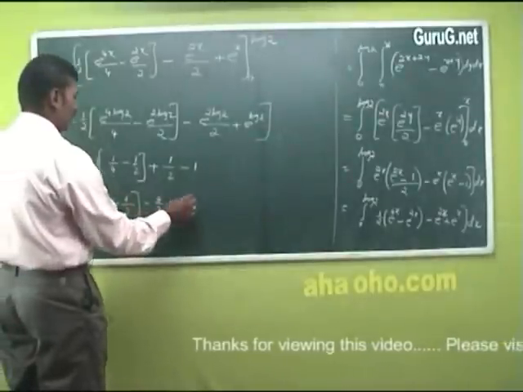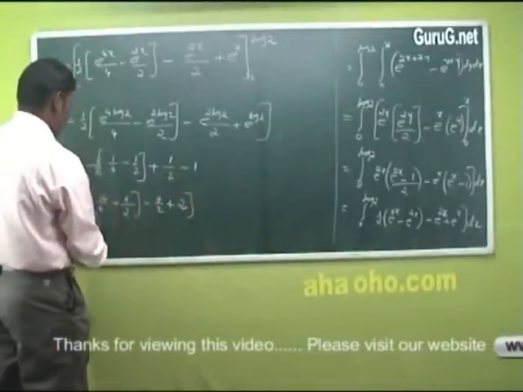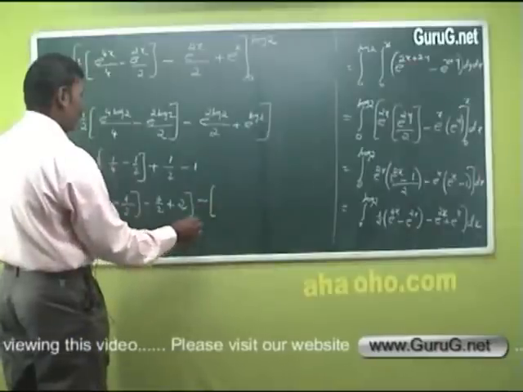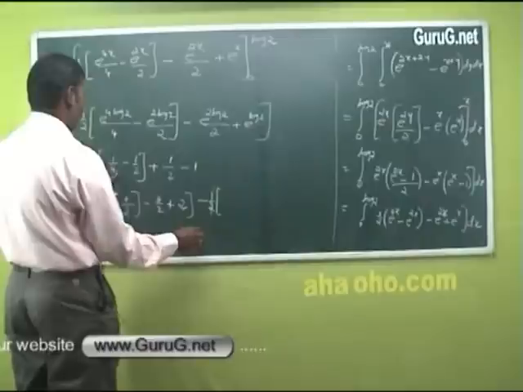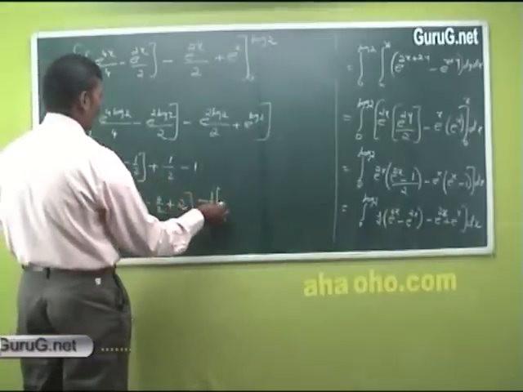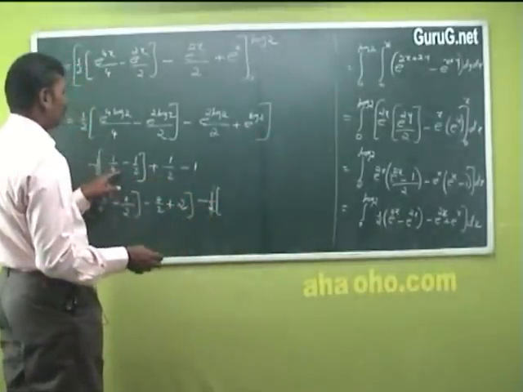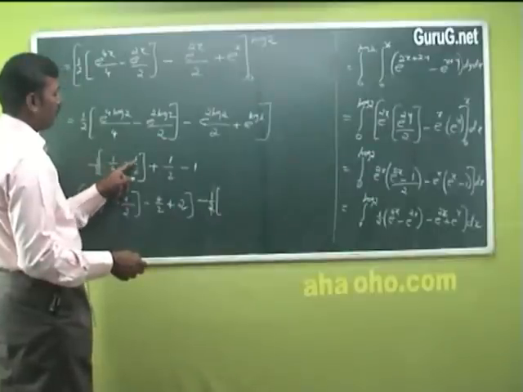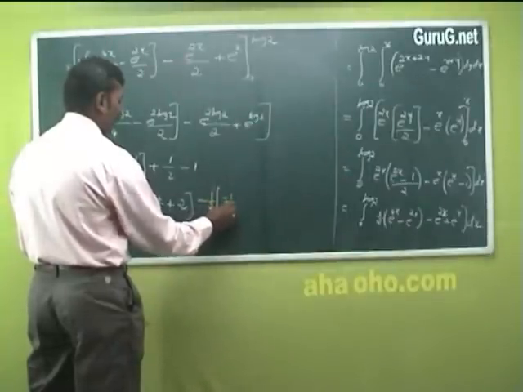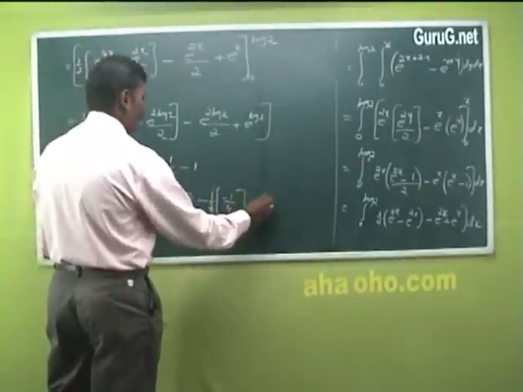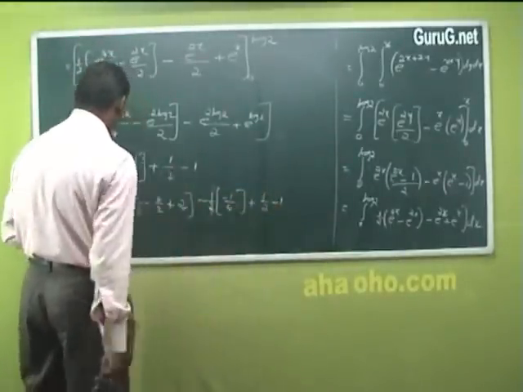Then minus, simply, 1 by 2 into 1 by 4 minus 1 by 2. Then 1 by 4 minus 1 by 2. So minus 1 by 4. Plus 1 by 2 minus 1.